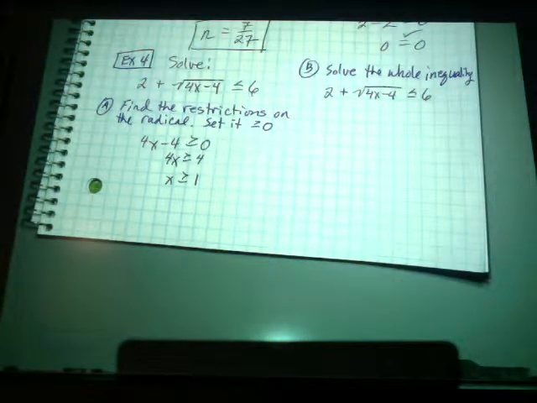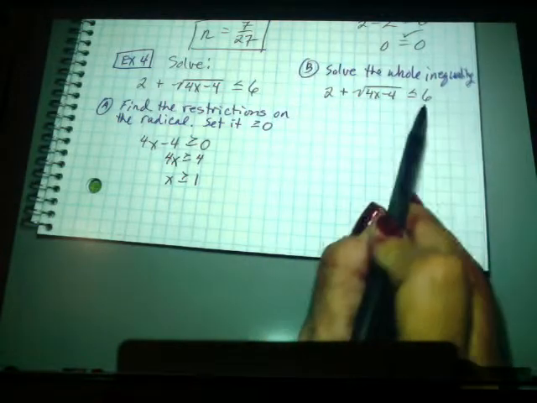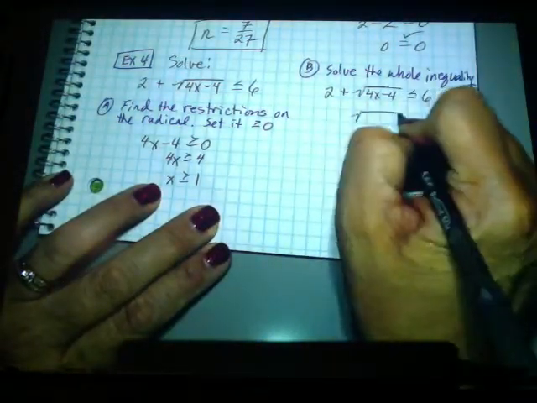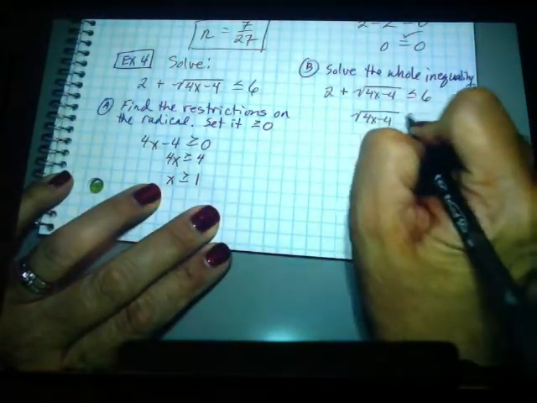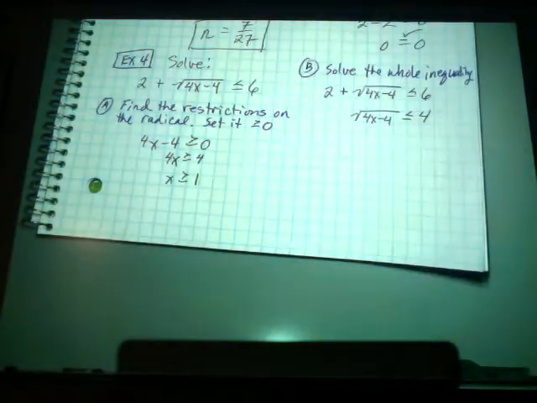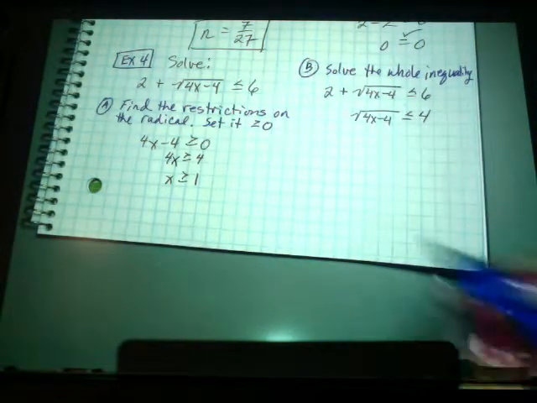So again, our goal is to get the radical by itself. So what are we going to do first? Subtract 2. So I get the square root of 4x minus 4 is less than or equal to 4 because I subtracted 2.